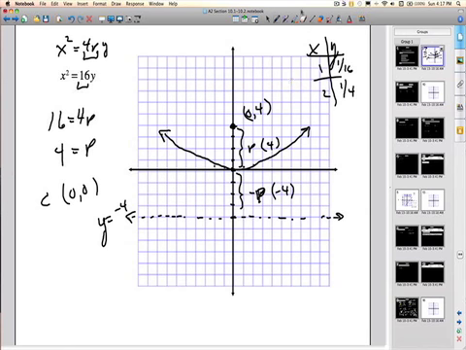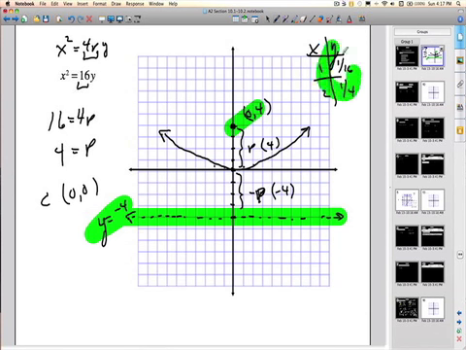Right? So I've identified these important aspects. I've got my focus. I have my directrix. And then I did my input-output table, which allowed me to create these points. And I put in my graph. Right? So that's what you're going to want to do when you're graphing a parabola.